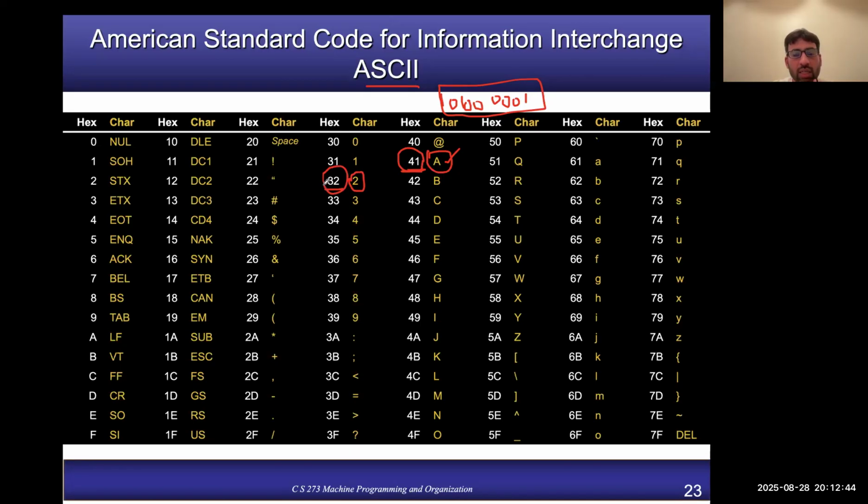In total, it is a 7-bit code, which means that at maximum we can have a value of 7F, which is equal to the delete key on your keyboard. When you press the delete key, the binary of 7F is transferred to the digital hardware. Okay. Any questions?